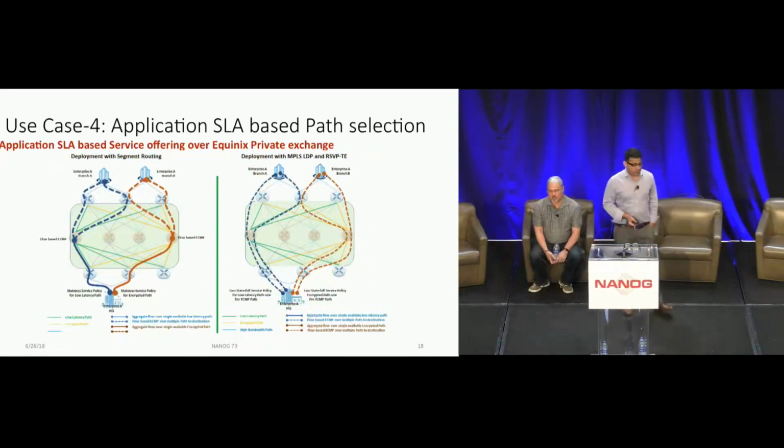If you see in this diagram, enterprise A HQ needs to connect to enterprise A branch A, and think of it as my encrypted path or my low latency path. I create one service policy, the blue service policy, and this service policy will hit my core routers. In my core router, it sees two paths to go to branch A, so it will do ECMP by itself.